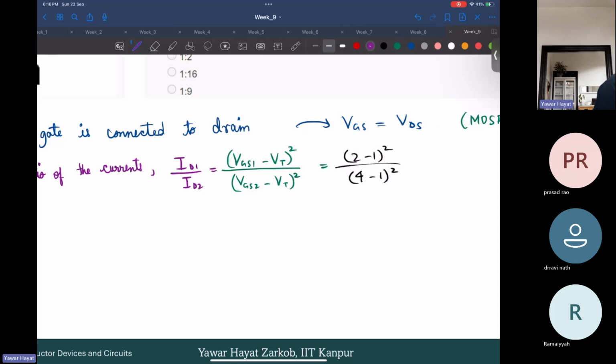So I can write this is equal to 1 by 3 square, which is 1 by 9. So ID1 is to ID2 is equal to 1 is to 9.